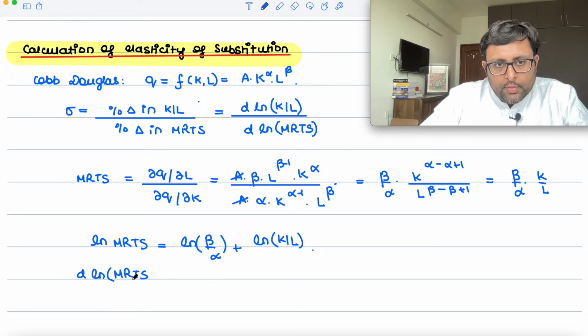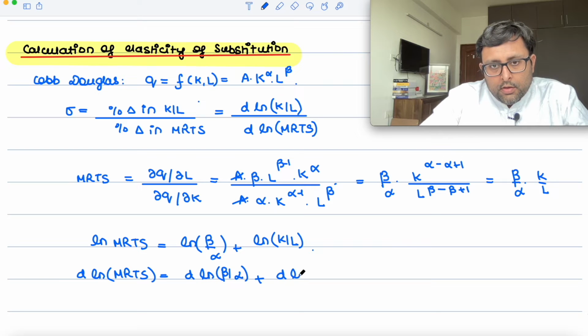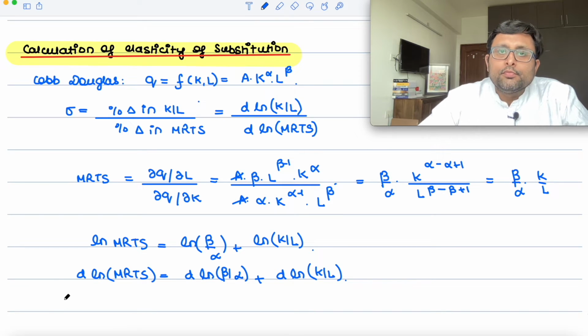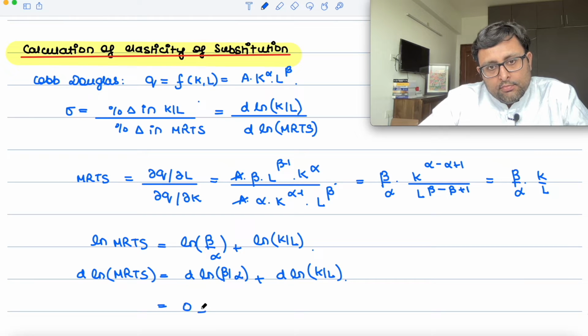What is d log of MRTS? It is d log of beta by alpha plus d log of K by L, right? Now one more thing is that this is a constant. So the derivative of a constant is 0.